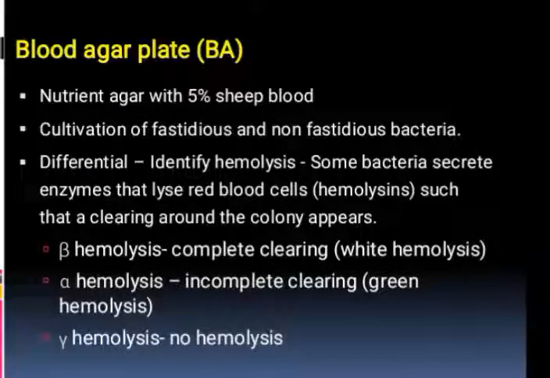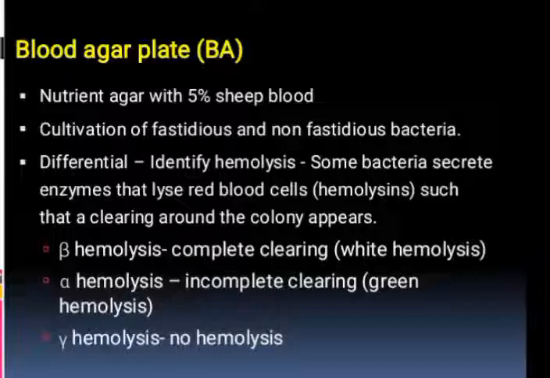It is used for the cultivation of fastidious and non-fastidious bacteria. It is also a differential media. You can identify bacteria through hemolysis of blood in blood agar. Some bacteria secrete enzymes called hemolysins that lyse red blood cells, and this hemolysis appears as a clearing around the colony. There are 3 types of hemolysis. 1.